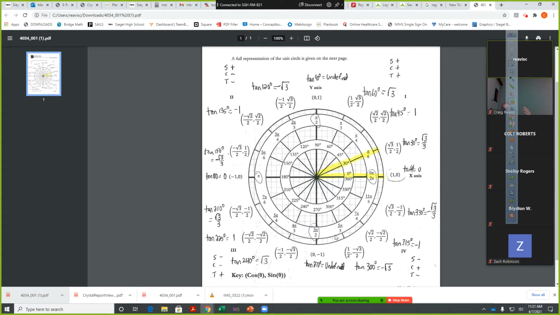But also remember, one time around is 360 degrees, but most of the time we're going to be looking at radians. 2 pi is one full circle. Half a circle, 180 degrees, is pi. Because remember, the sine of 30 degrees is 1/2.